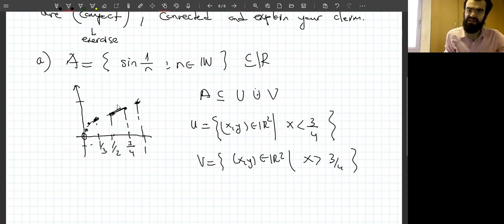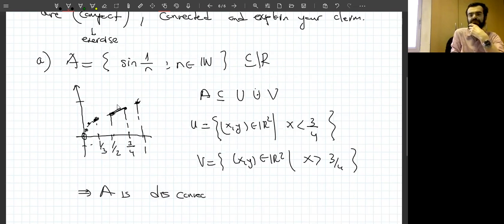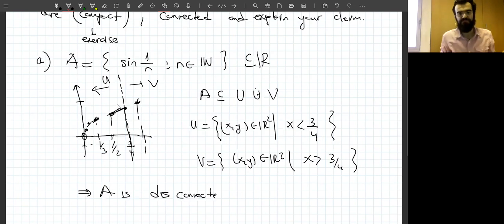Then clearly U and V are non-empty, disjoint, open sets, and A is contained in their union, which implies A is disconnected. This part is U, this part is V. These are our points. A is disconnected.